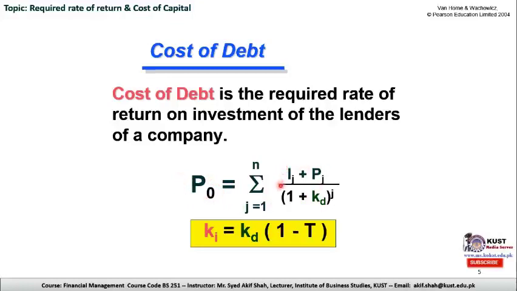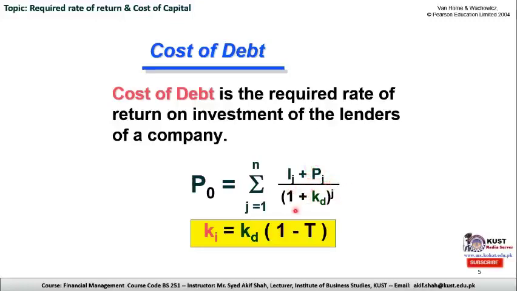Ij represents the annual amount of interest supposed to be paid out on that instrument. Pj is the maturity value of that instrument. For example, the company has used a bond instrument to generate debt financing. So Pj will be the maturity value of the bond, or the face value they are required to pay out in the future.